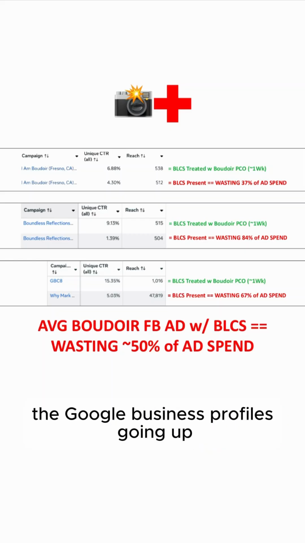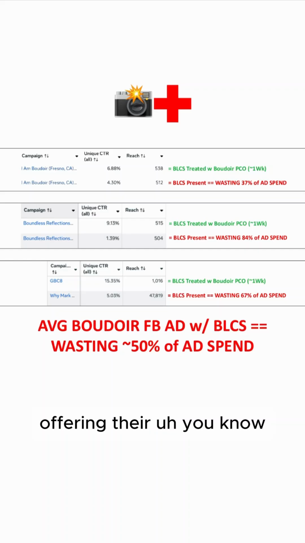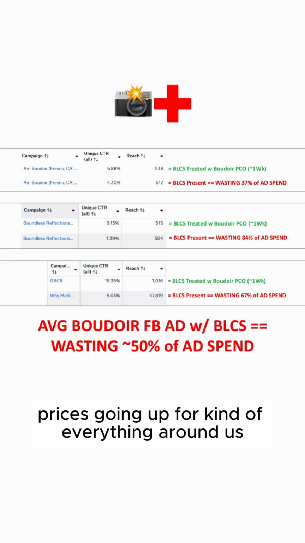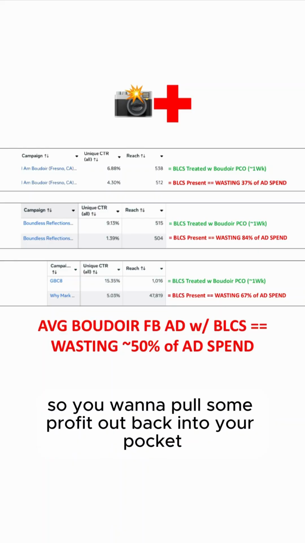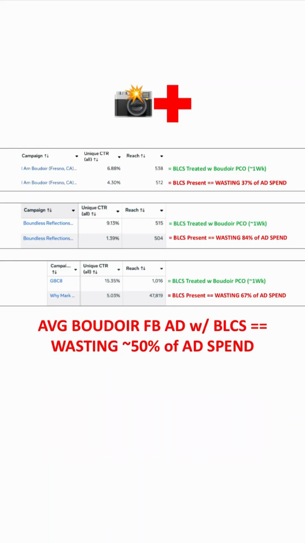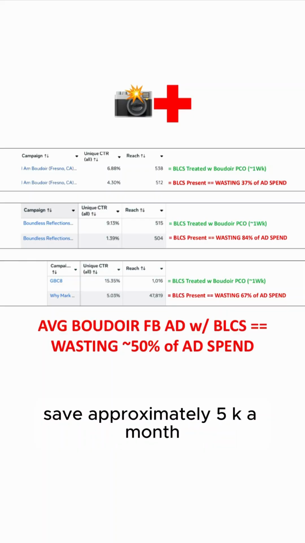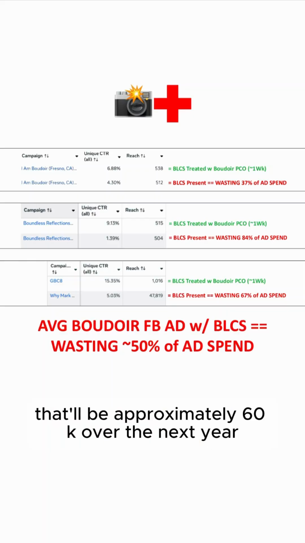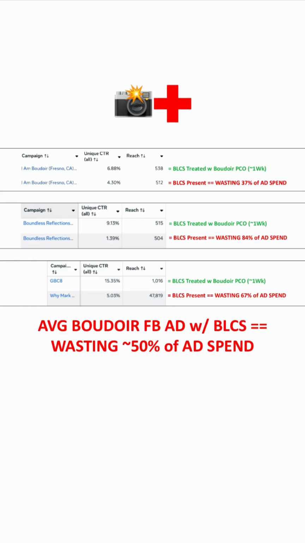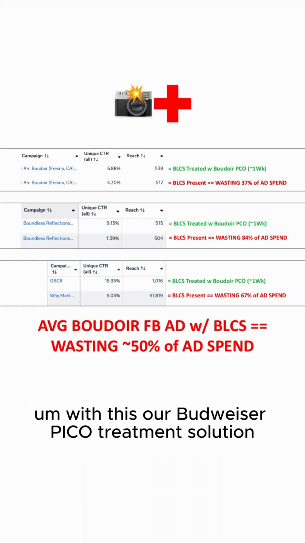The Google business profile is going up, offering sessions in the mom groups, and we've got inflation, prices going up for kind of everything around us. So you want to pull some profit back into your pocket, and we can save approximately 5K a month. That'd be approximately 60K over the next year with our Boudoir Pico treatment solution.